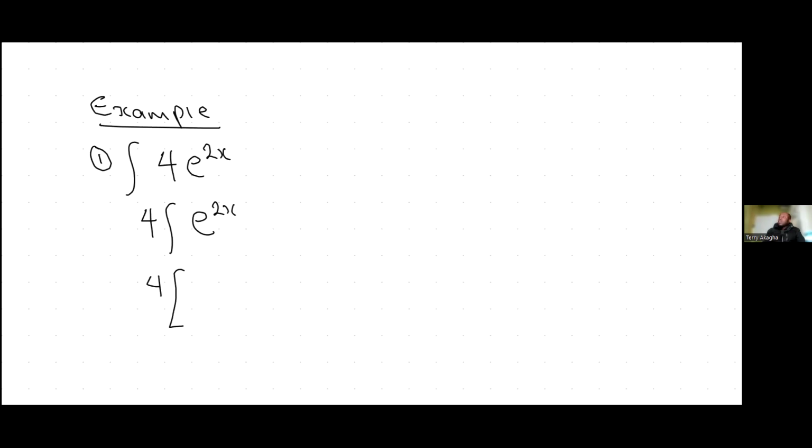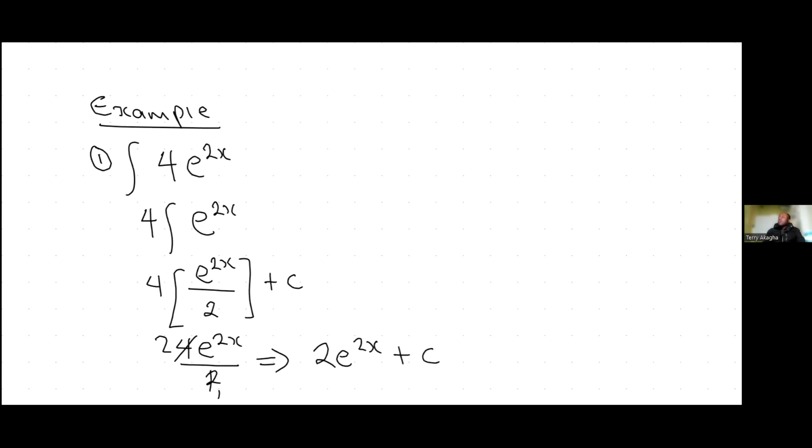So the original function is e raised to the power 2x. When you differentiate 2x, it's going to give us 2. Then you now add plus c. So this is going to give us 4 e^2x divided by 2. 2 can divide 4 to give you 2. So it's going to give us 2e^2x plus what? C. All right. And that is how you integrate.